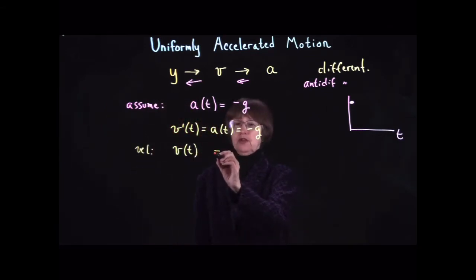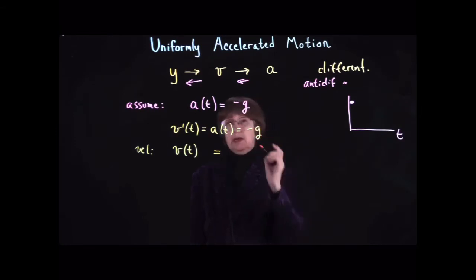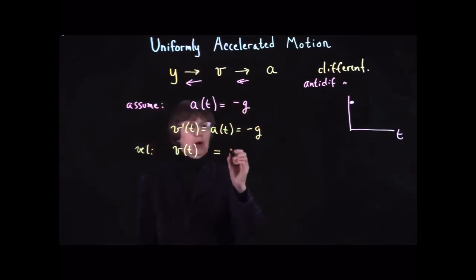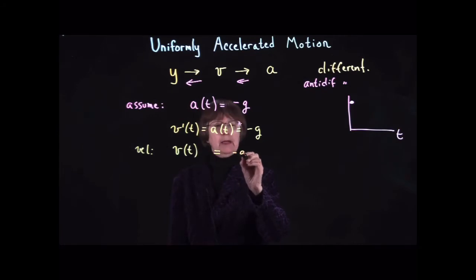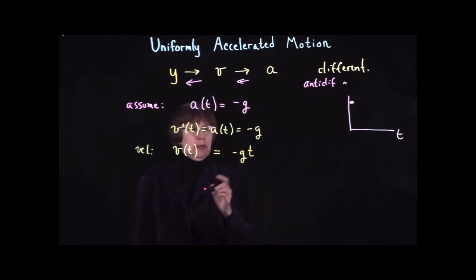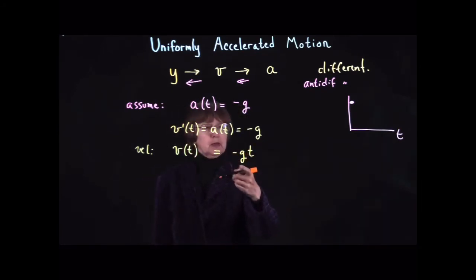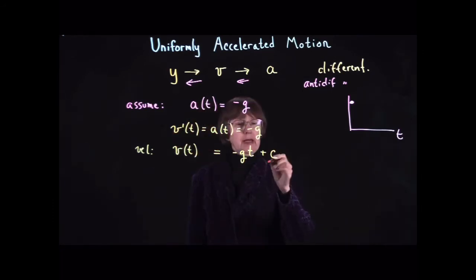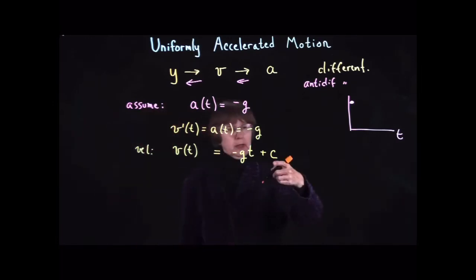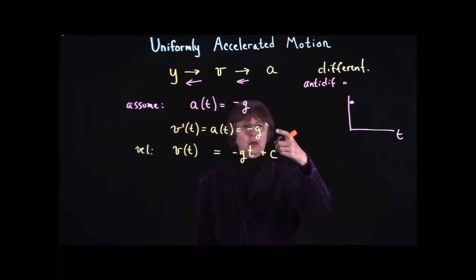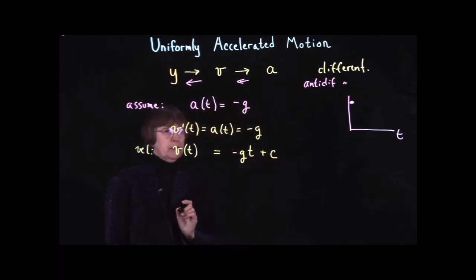What sort of function did we have to start off with in order that when we differentiate it, we get minus g? Well, clearly it should be something of the form minus g times t, because of course when we differentiate this, we'll get simply this coefficient minus g. In fact, there could be any other additive constant because the derivative of that constant would vanish when we differentiate.